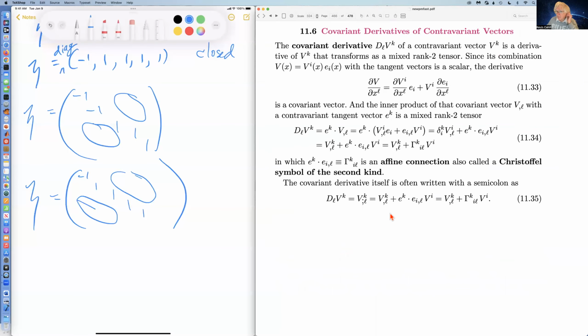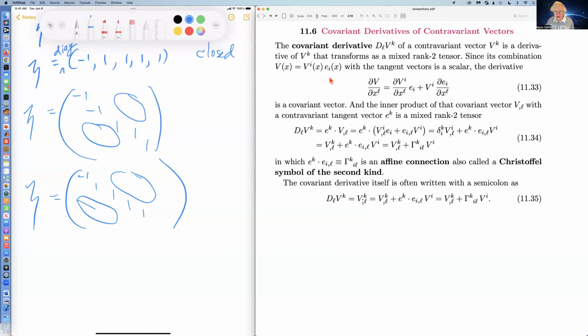The basic idea is that a covariant derivative is a derivative that transforms like a tensor. And if you're differentiating a scalar, you automatically get a tensor in the sense of a rank 1 covariant tensor. But if you're differentiating a contravariant vector, V K, you're not going to get a tensor.